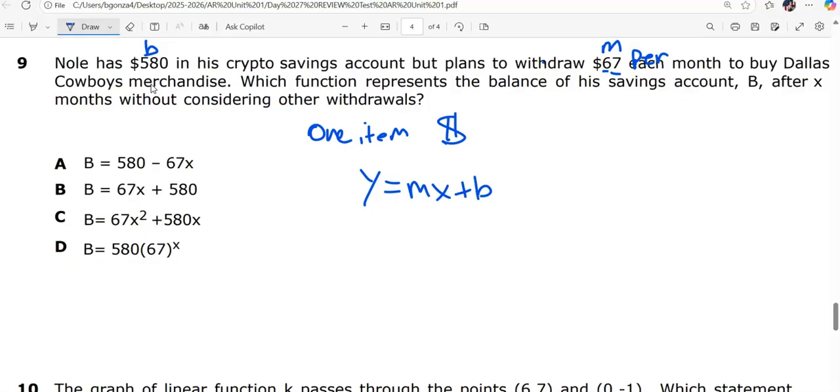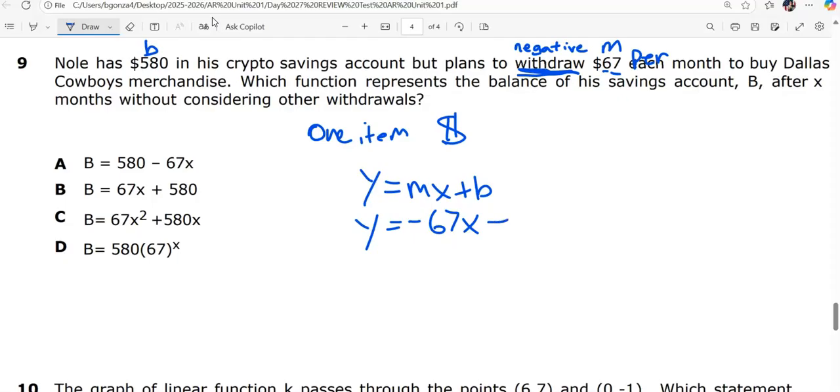Now, the only thing you have to be careful with: he begins with a positive amount of 580, right? But if you withdraw, what kind of value is that? That means it's going to be a negative value. Withdrawing is subtraction. So my slope is not 67, it's negative 67x plus b.